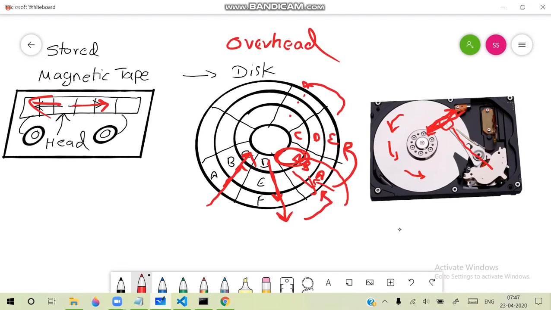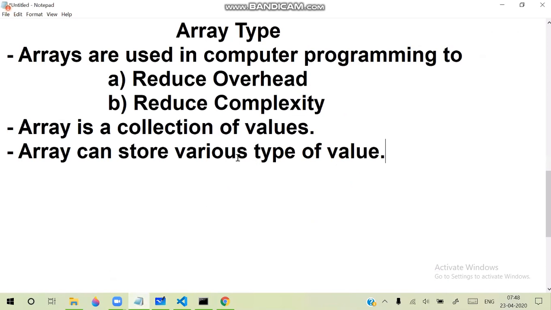If an array can store values in a sequential order, then obviously arrays will reduce overhead. The main purpose of array in computer programming is to reduce overhead. And how can arrays reduce overhead?